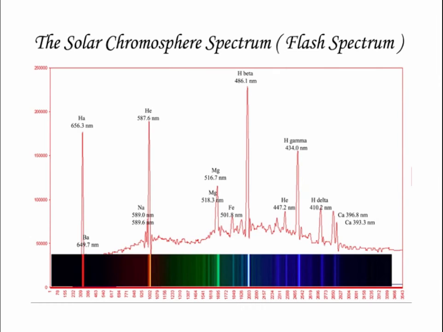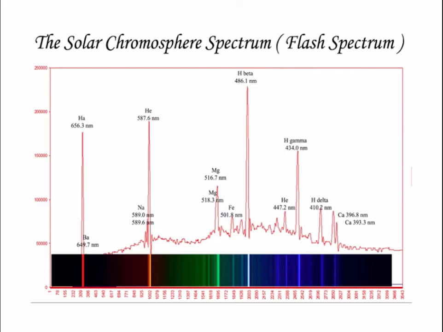Here is a spectrum of the sun's chromosphere taken during an eclipse. The lines are curved because the edge of the sun is curved, and that's the only part of the chromosphere we can see. And you see that there are very specific wavelengths at which light is coming out, and if we were to look closely we would find that these correspond to some very common elements like hydrogen and sodium. So here's a plot of that spectrum, and underneath the same spectrum but straightened out.